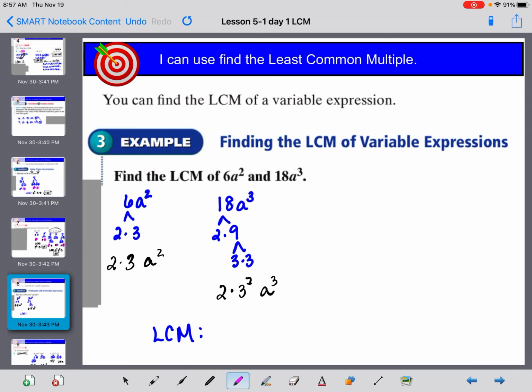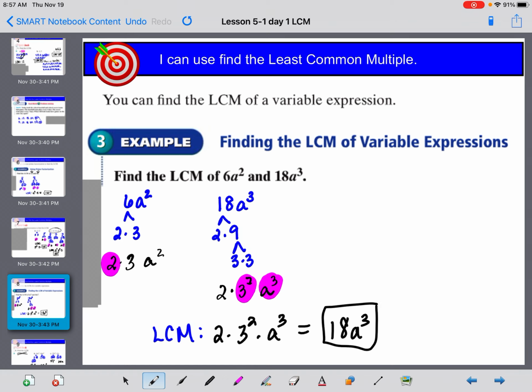The least common multiple, when I look at the largest of each factor, so I have 2 and 2. I have 3 and 3 squared. I have a squared and a to the 3rd. So now I multiply those together. 2 times 3 squared times a to the 3rd: 3 squared is 9, so that's 18a to the 3rd is my least common multiple.